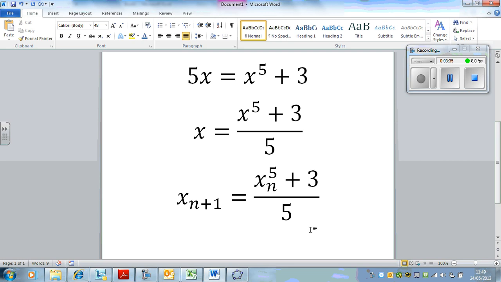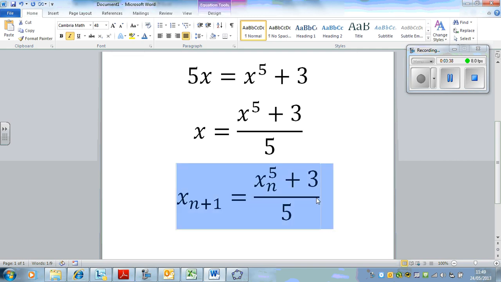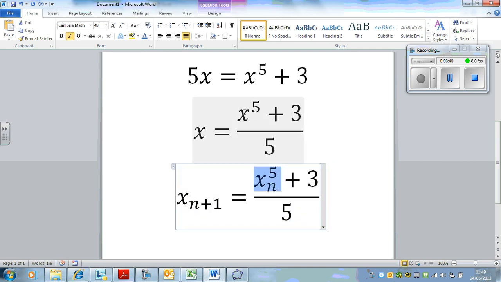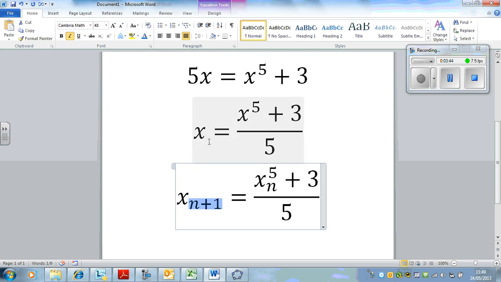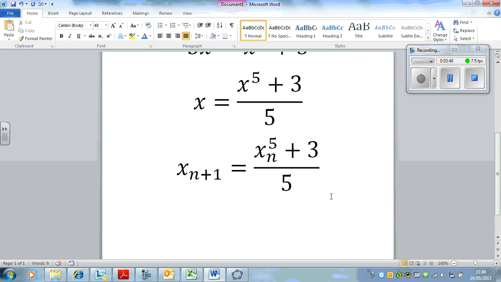I've just written this down. I'll put the n on the side where there's a function and the n plus 1 on the side where there's just x. Now this is a sequence, just like we learned in Core 2. So if we have a value of x to start with, we put it to the power of 5 plus 3, then divide by 5, then we'll get a second value of x.